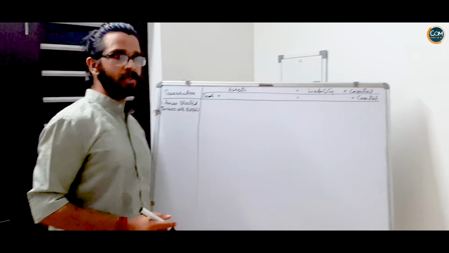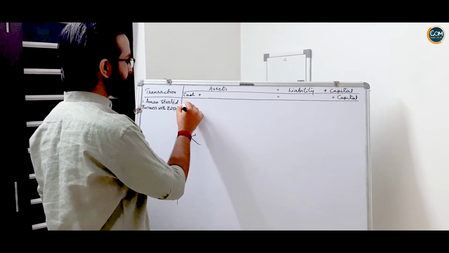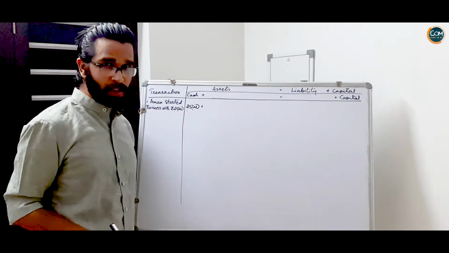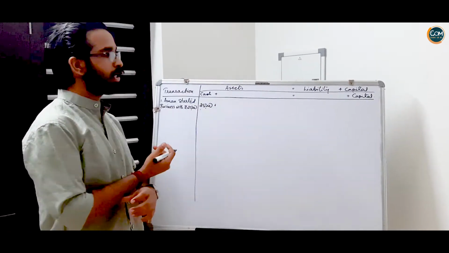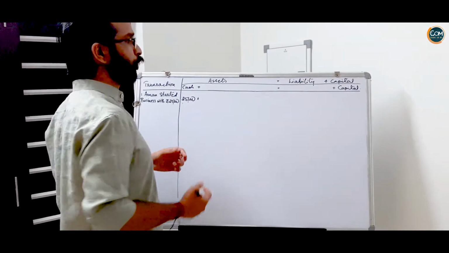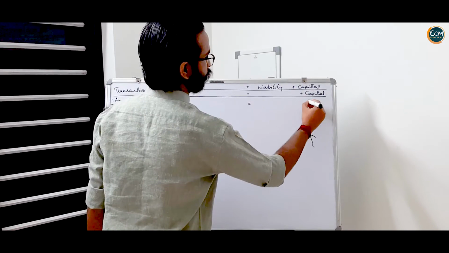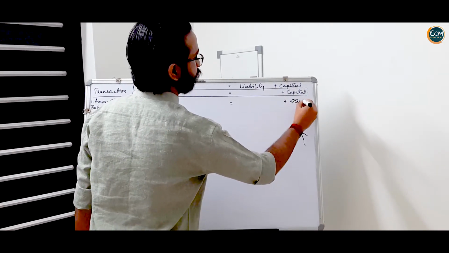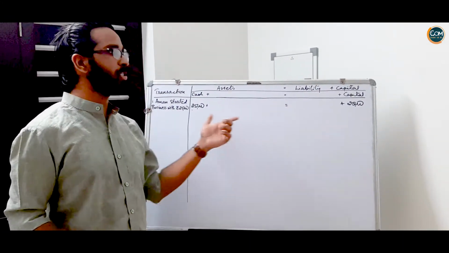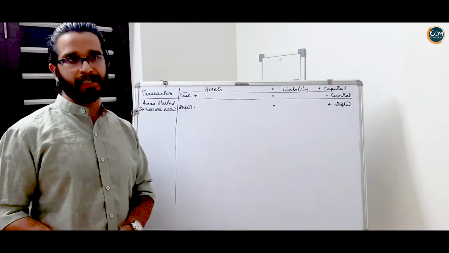When Aman starts his business with cash rupees 25,000, the business is receiving 25,000. We will record it under the head cash. Now, since it is coming into the business in the form of capital, we should also show this amount on the capital side. So, it is equal to 25,000 in capital. So, the first transaction itself justifies the equation, which is asset is equal to liability plus capital.